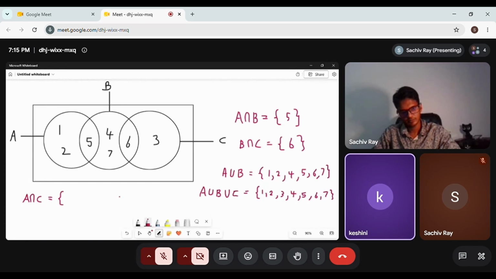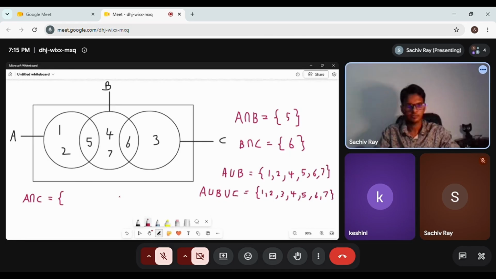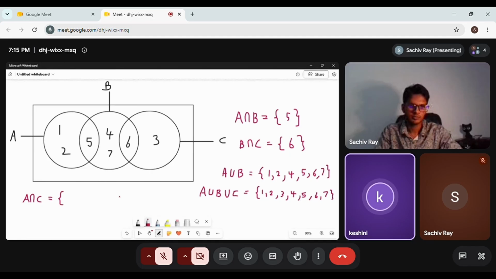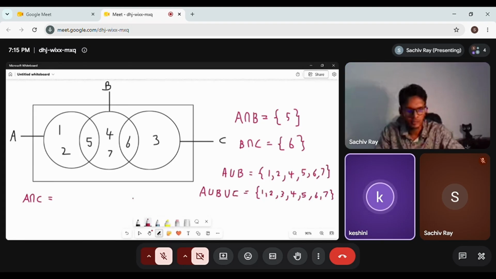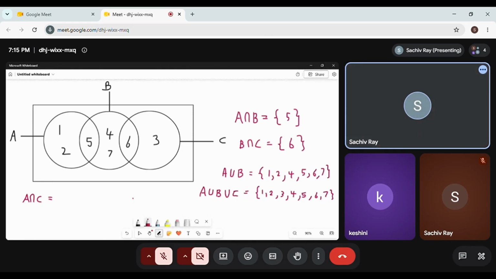No, sir. 1, 2, 3. Are they intersecting anywhere?